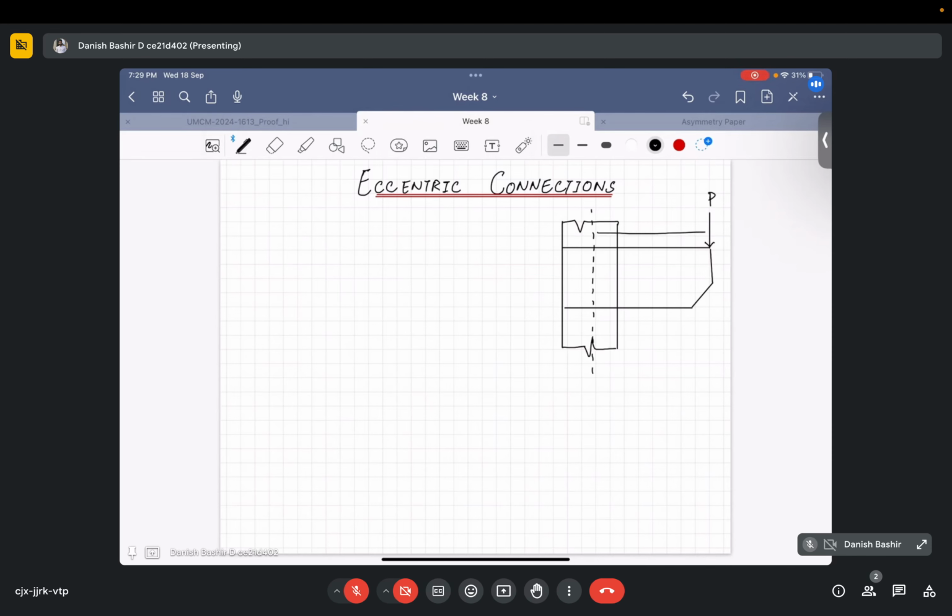Let the eccentricity be E. This connection may be welded on two sides, or it may be bolted, with bolts like this.